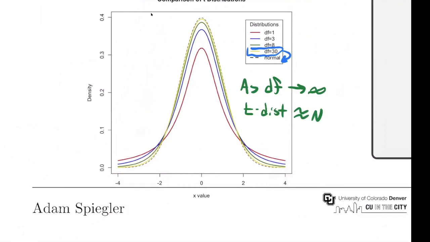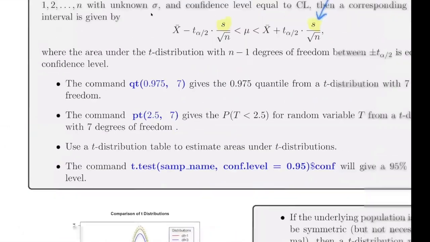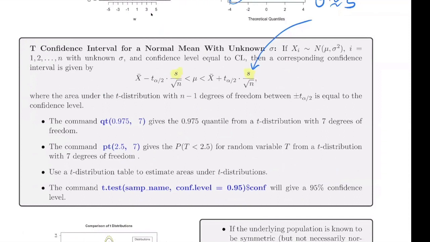Okay, so when we're constructing these confidence intervals for the mean, rather than use the normal distribution to find these cutoff values, we use this command, which is the equivalent of qnorm.